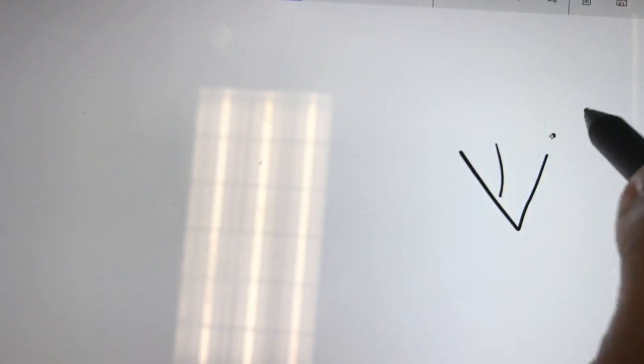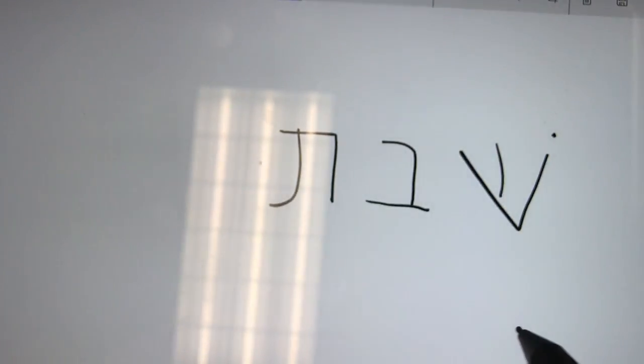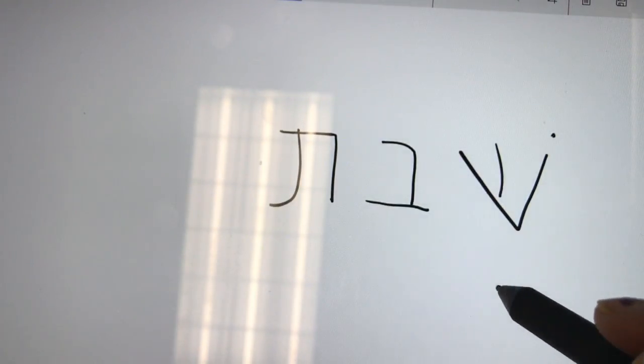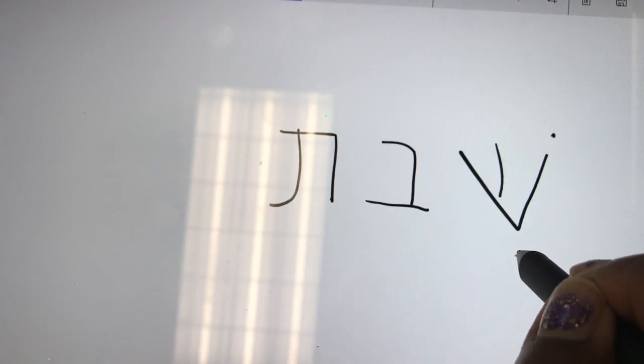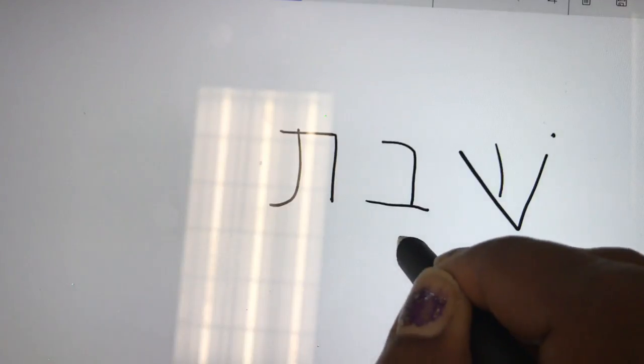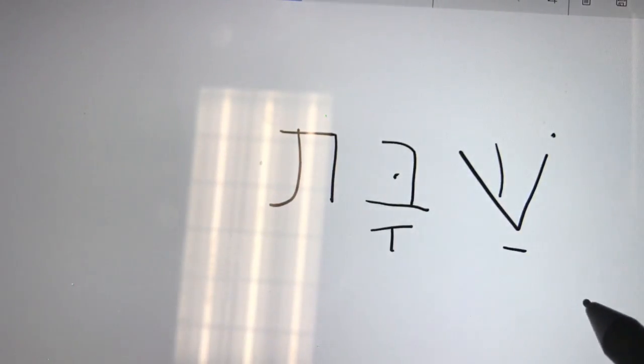All right, let's choose a different one. Let's choose one that has more letters in it. All right, we're going to go with shin, bet, tav. Many of you may already know this word, and those of you who don't, you're getting ready to read your first Hebrew word. Okay, so we have a vowel point here. Make sure we make that a bet, and we have a vowel point here.